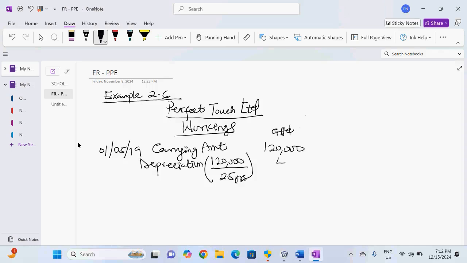So that is giving us 4,800. If you deduct, what are you getting? 115,200.